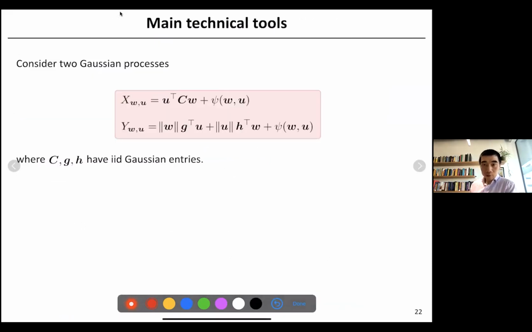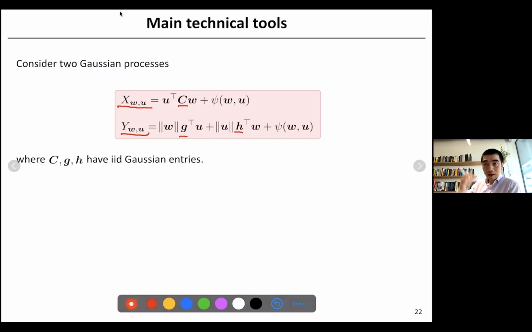So the kind of tool that we use is a so-called Gaussian comparison inequality, because we are studying Gaussian ensembles. What we do is define two Gaussian processes, which we call X and Y. Here C is just a Gaussian matrix, and G and H are two Gaussian vectors. These are the two Gaussian processes indexed by vectors U and W. But why do we want to study these two Gaussian processes?